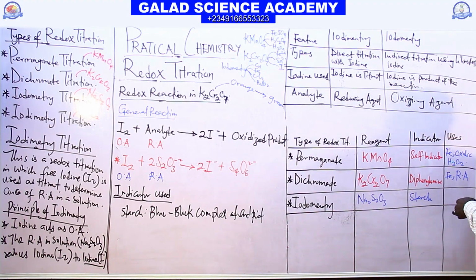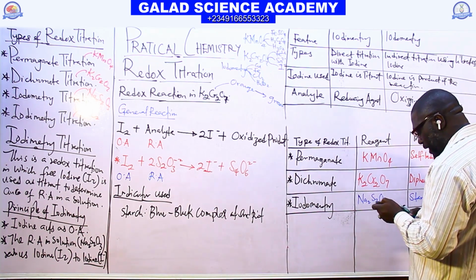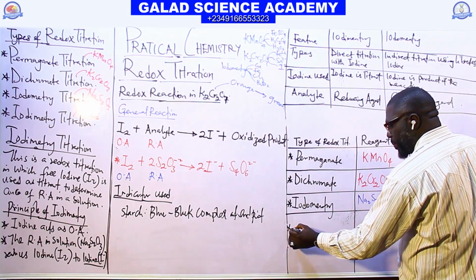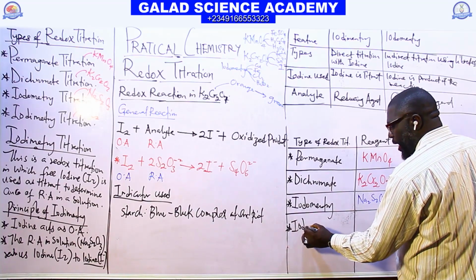What are the uses of iodometry? It is used to determine copper ion, chlorine, and hydrogen peroxide. The last one is iodimetry.